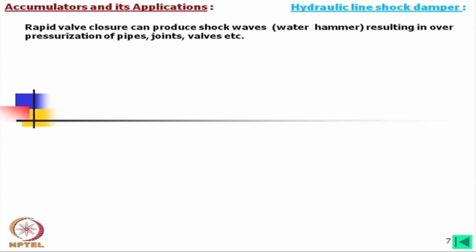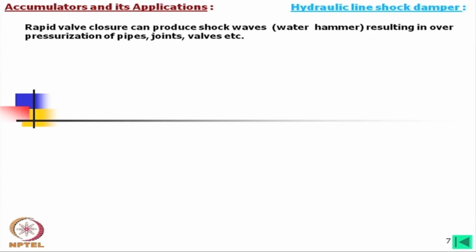Now, it can be used as a hydraulic line shock damper. Rapid valve closure can produce shock waves, water hammer, resulting in over-pressurization of pipes, joints, valves, etc., and it can even damage the system. It is named water hammer because it was maybe first observed with water flowing in water storage systems, but it can happen in any liquid.